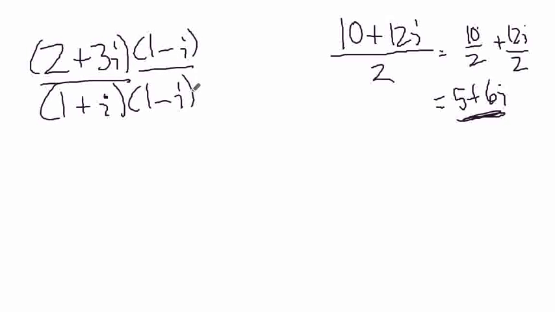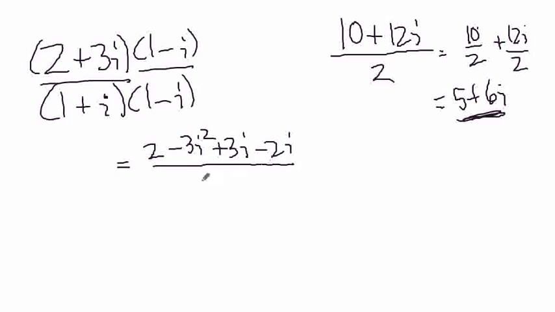Okay, so we just learned how to do multiplication. So go ahead and FOIL the top and bottom products out, and you might want to pause the video to work it out, but I'll tell you what I would get. So the top would be 2 minus 3i squared plus 3i minus 2i, and the bottom would be 1 minus i squared plus i minus i.